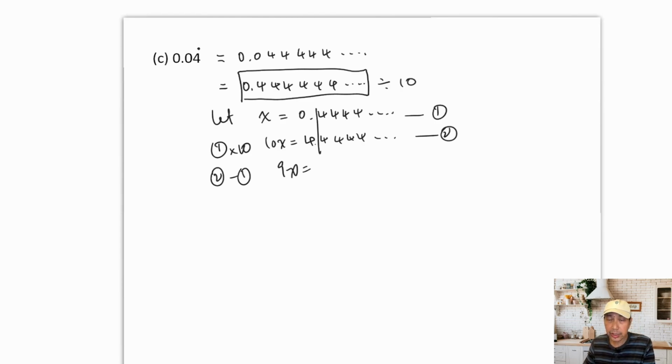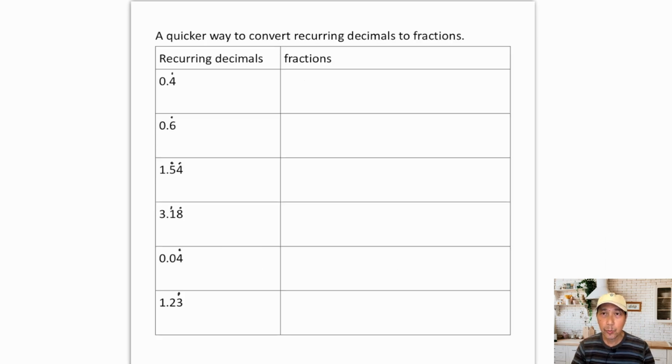When you do the subtraction, it will be equal to 4. So x is equal to 4 over 9. At the end, 0.04 recurring should be equal to 4 over 9 divided by 10. So it will become 4 over 90, so 2 over 45.